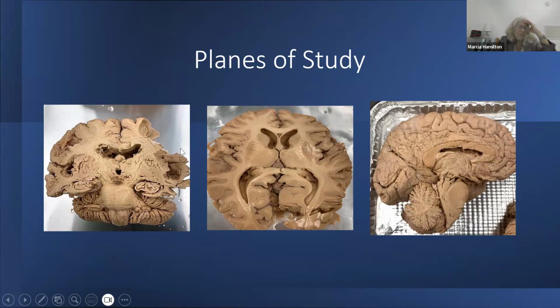This is missing a piece where I'm going to say it's probably between the frontal and the parietal region. So this is where that is, because we can see the corpus callosum. And then here we're going to see what's called the internal capsule. And this is all white matter.